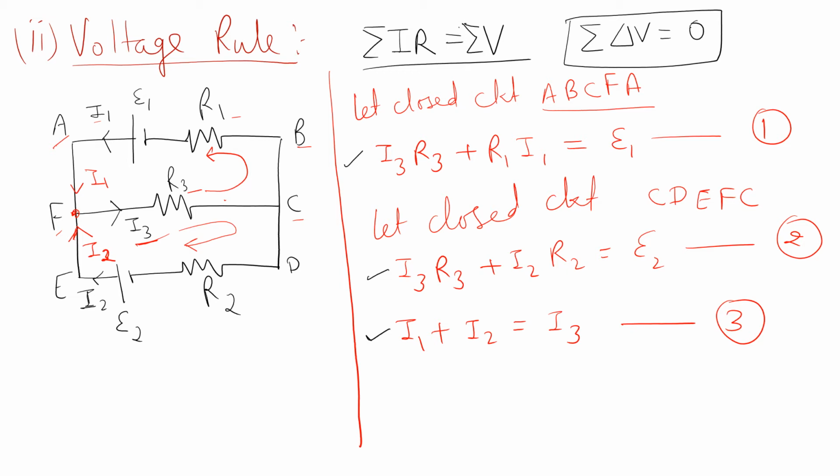For that, you just need to solve these three equations, and then you will get I1, I2 and I3, and then simply use Ohm's law, whatever you have done earlier, and you will get the answer.